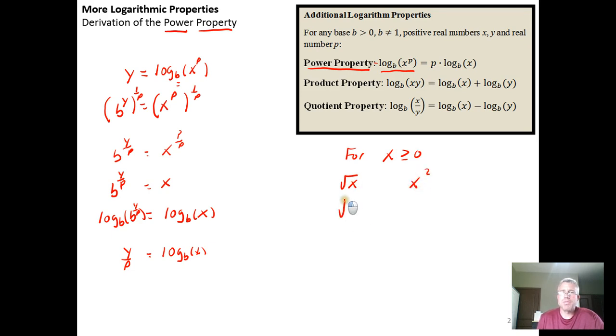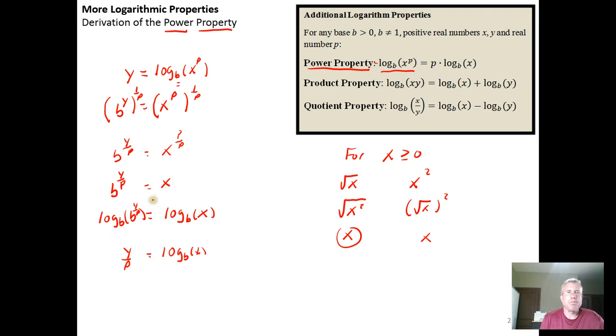And so what happens if you apply the square root function to its inverse, x squared? Well, the square root kills the squaring and leaves you with just an x. Similarly, if we take the squaring function and we put the square root into it, we know the squaring kills the square root because they're inverses and leaves us with the x. So there's a sense in which we could say log base b just kills the base b exponential and leaves us with the exponent. That would be one way to think about it.